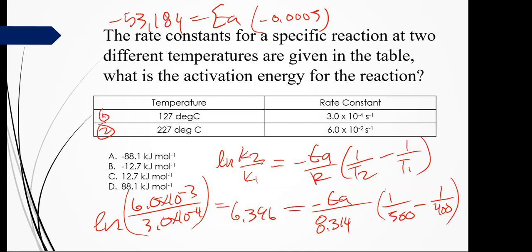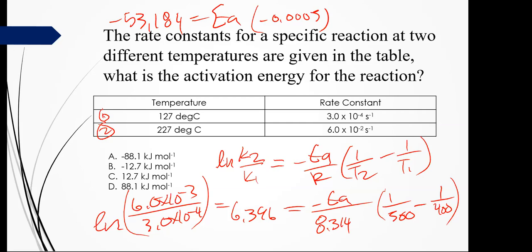And I have a math mistake somewhere in there. All right, fine. Let me go back and double check something. The answer that we are supposed to be looking for should be D. That's what it is.